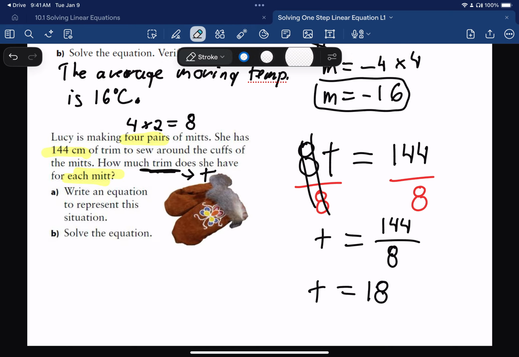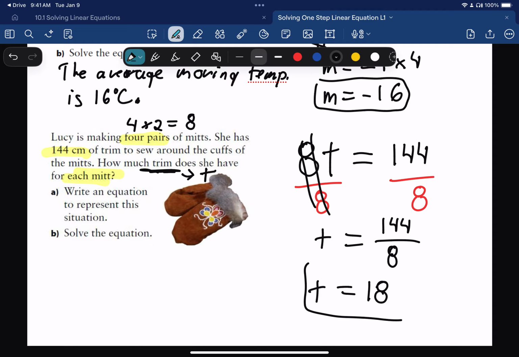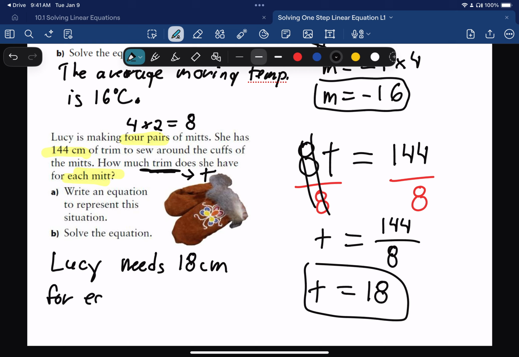So now this is our answer, but if we want to get full marks, we got to write this in a sentence. So we can say, Lucy needs 18 centimeters for each mitt. There you go, a couple word problems.